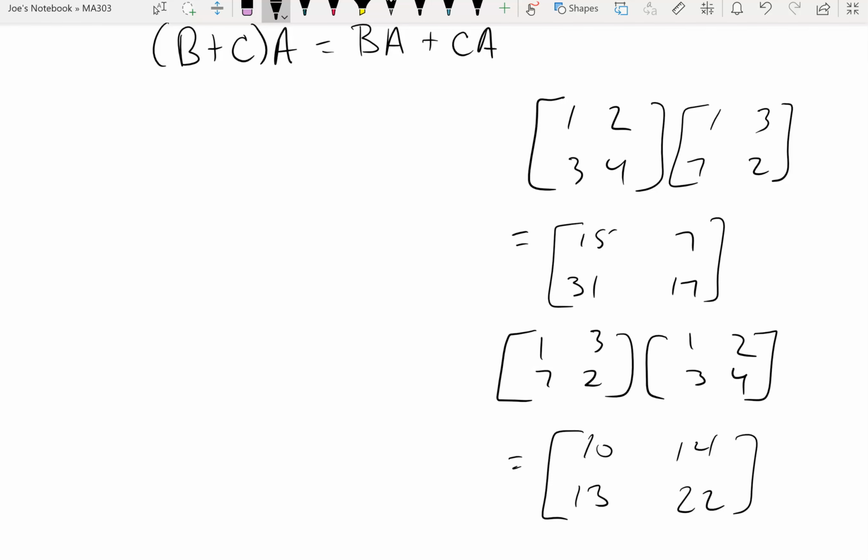Right? When I take the row 1, 3 and match it up with the column 1, 3, I get 10 in the upper left-hand corner, right? Which is already different from the 15 we got before. Yeah? So I get different answers. So matrix multiplication is not commutative. Okay.